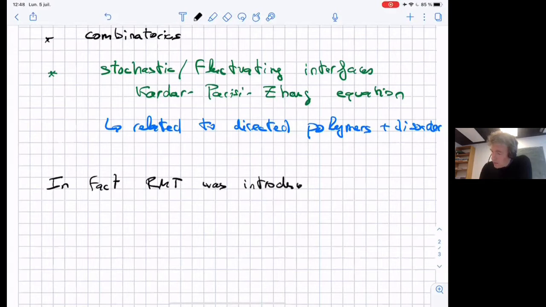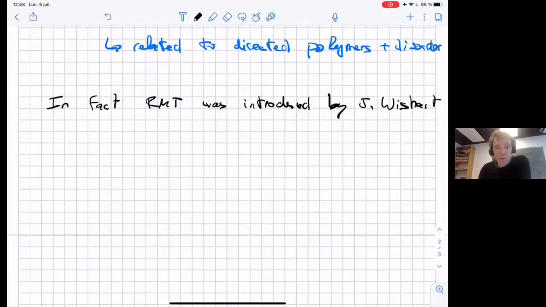And in fact, it was introduced by a guy called John Wishart. Maybe you have heard his name because he left his name to one important ensemble of RMT. This was actually much before, at the end of the 20s, I think it was 1928.